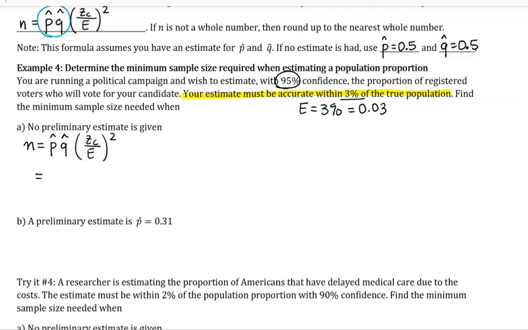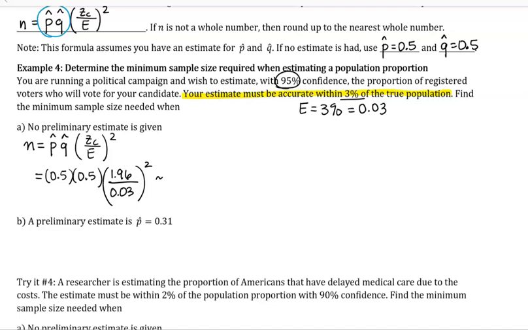But with no preliminary estimate, we're using 0.5 for both P hat and Q hat. The critical value that corresponds to a 95% confidence interval is 1.96. We've seen that earlier in this lesson. It's also in that standard normal table of critical values. And the error that we're using is 3%, which is 0.03. And then I will square all of that fraction.